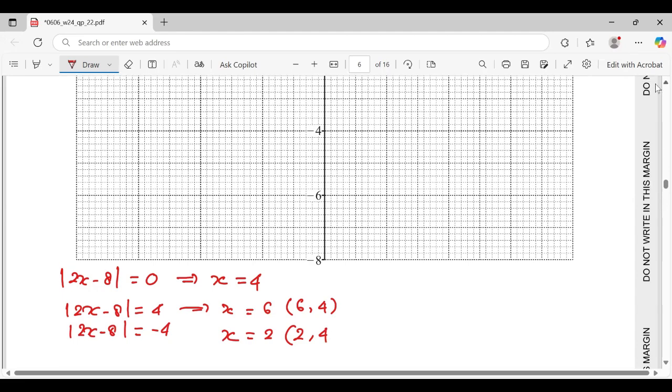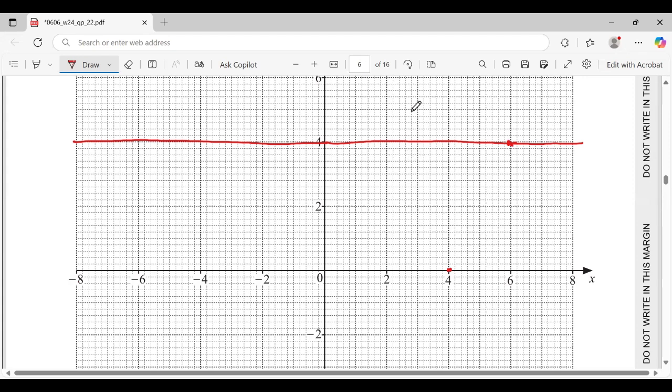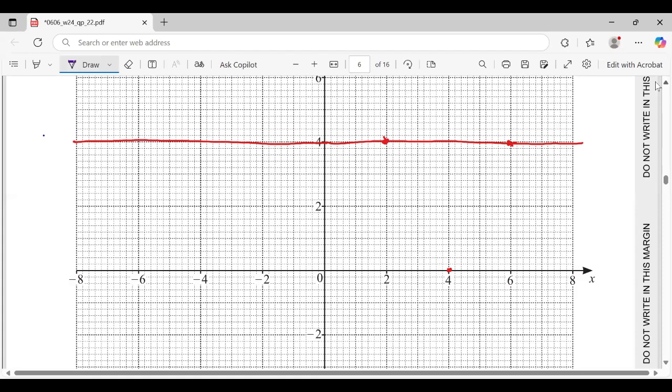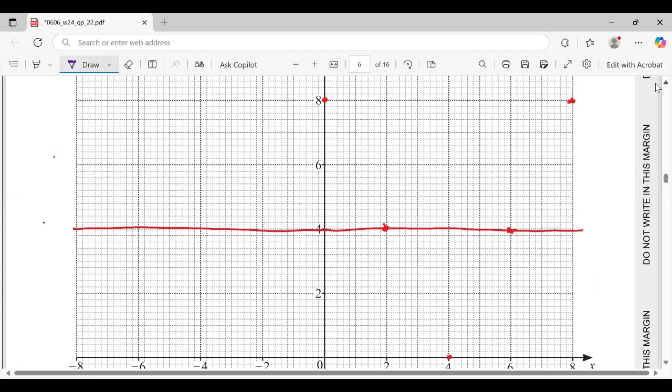So here, okay, and let me sketch the straight lines.